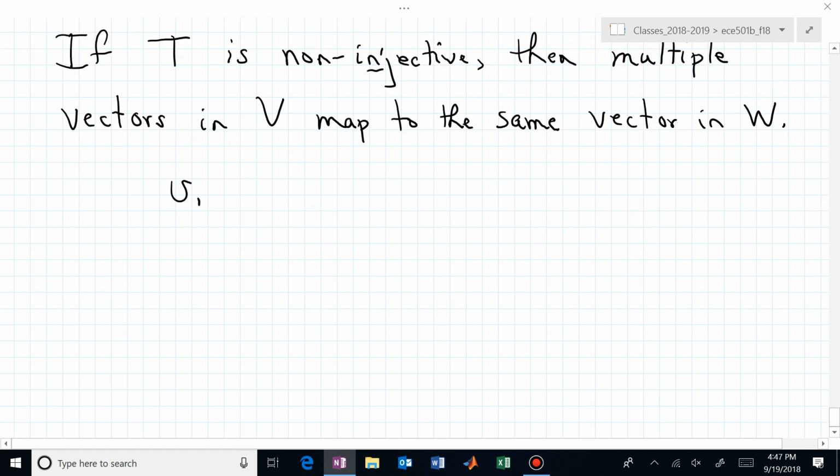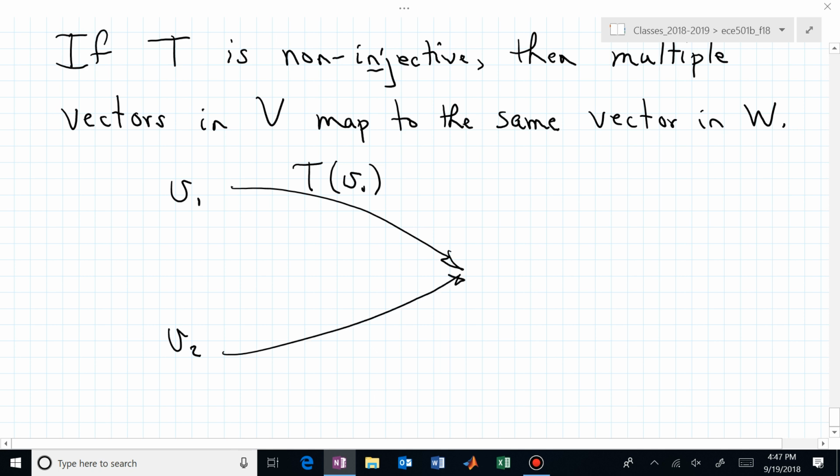Pictorially then, we have, let's say, V1 and V2. Let's say this is T of V1, and this is T of V2, and here's W1. How are V1 and V2 related?